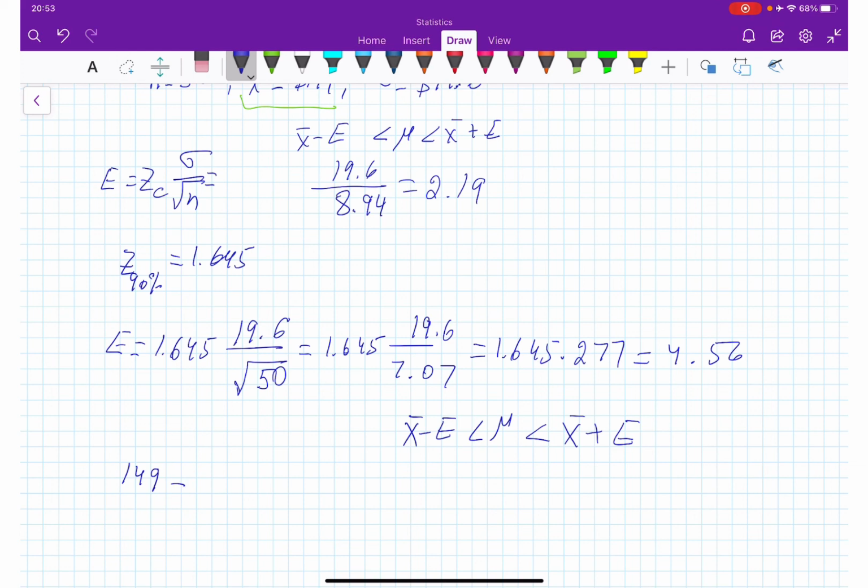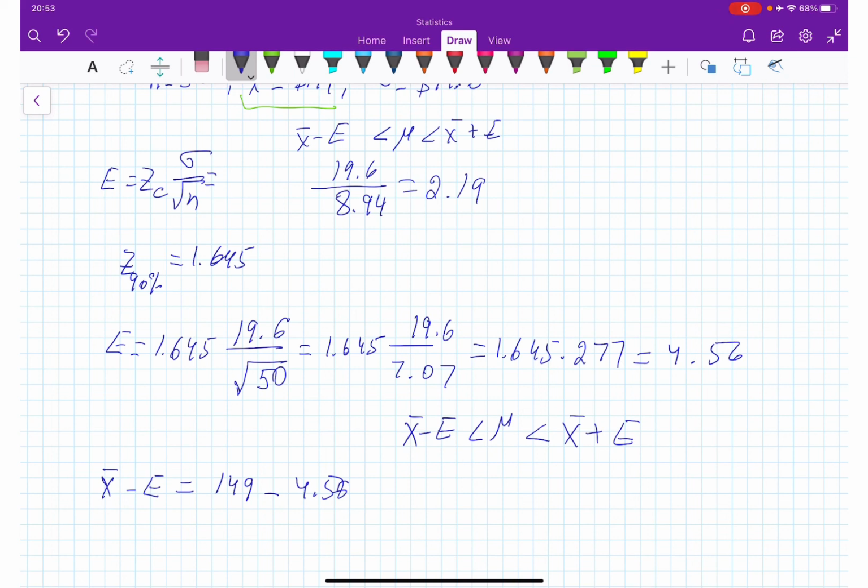So minus error: $149 minus 4.56. Calculator is not for me.